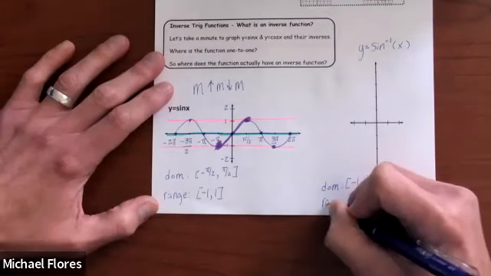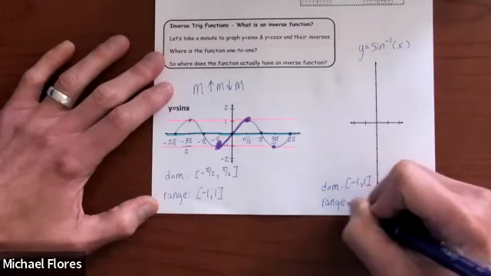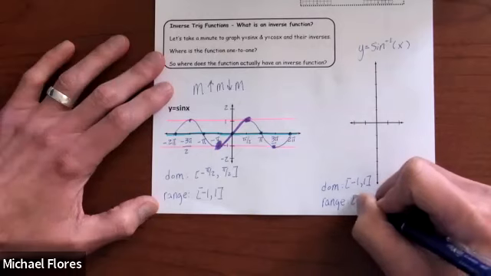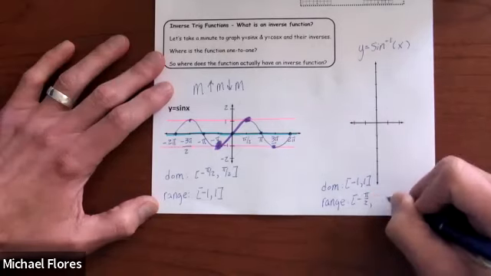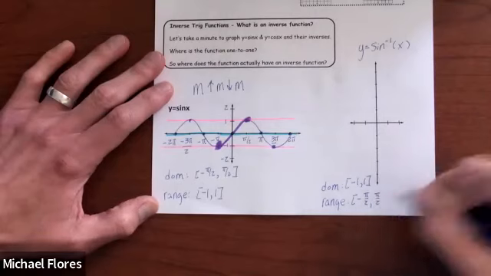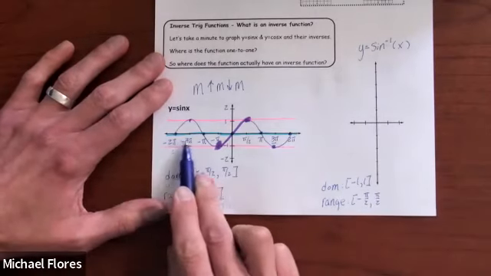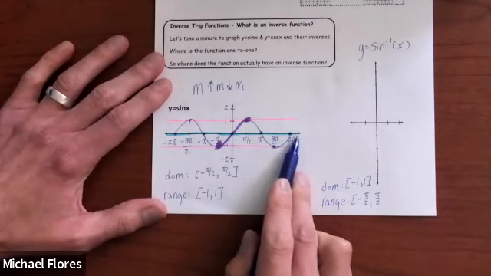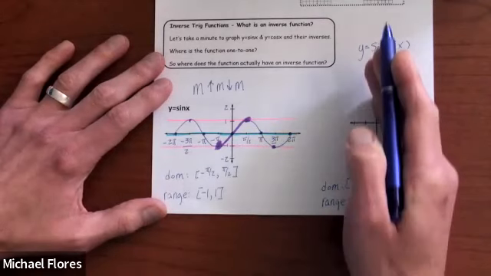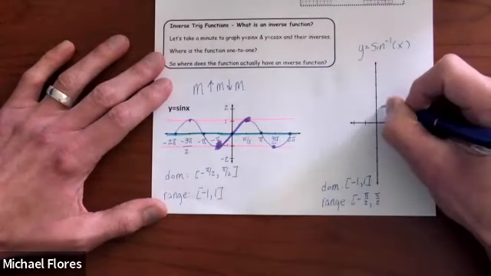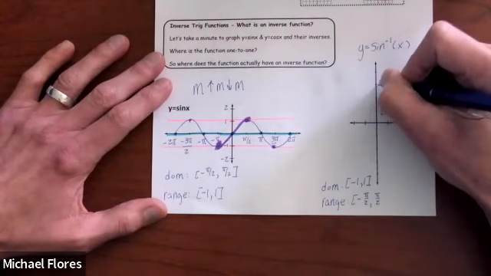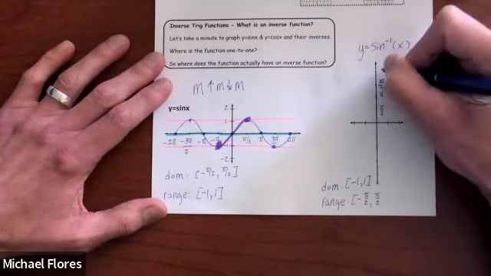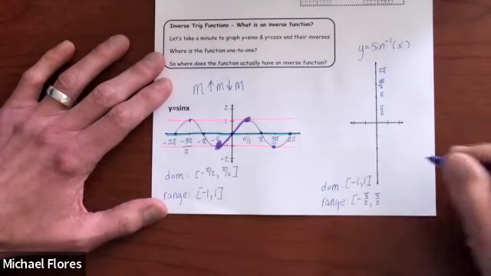Our range is now negative pi over 2, pi over 2. And you see all of these x values here. These are going to be all of our y values now. So pi over 2, pi, 3 pi over 2, 2 pi.